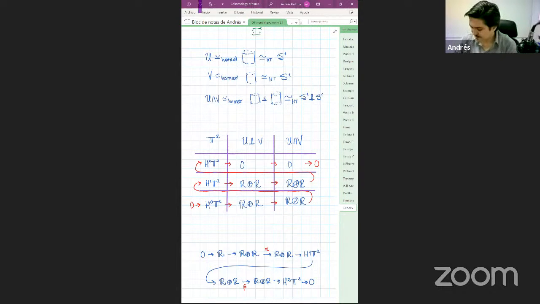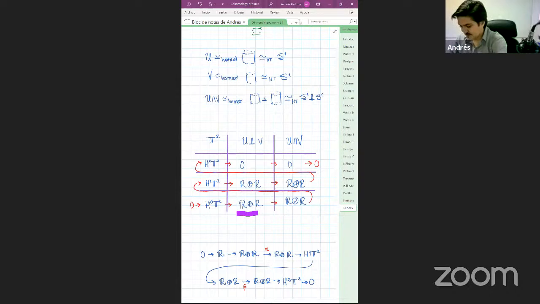So what we will do is understand this map, in degree 0. Remember that this map corresponds to going from degree 0 here to degree 0 there.